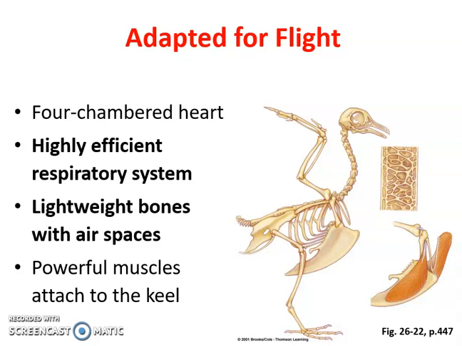Not only that, but they also have very, very good muscles that allow them to flap their wings and stay in flight. They also use different wind speeds to fly, so they don't always have to flap their wings. They can fly by using some of the air and wind that's around them.